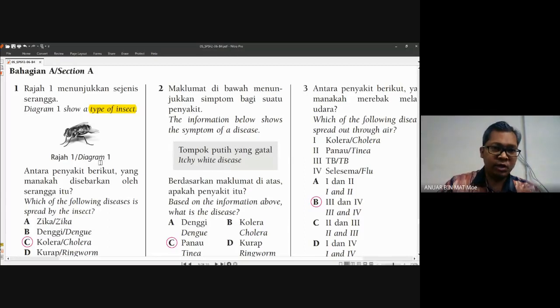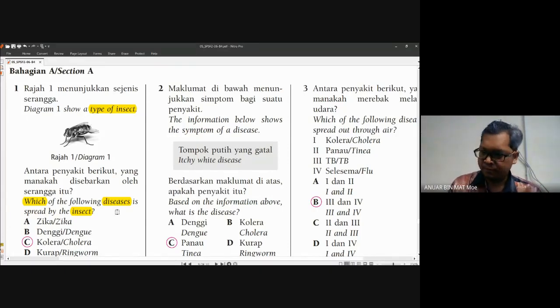So jump to the question. Which of the following diseases is spread by the insect? You must understand the name of the insect and the disease it carries. What is the term for an animal or insect that carries the disease?